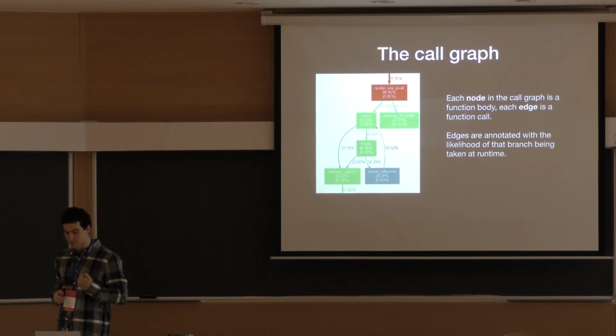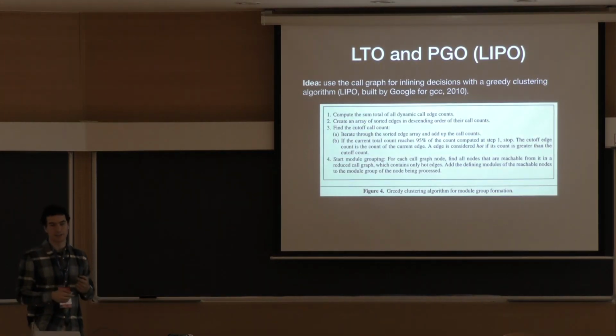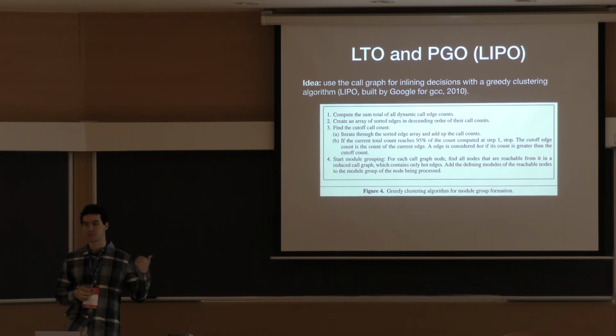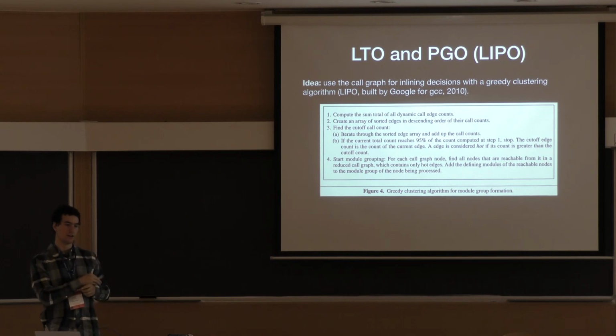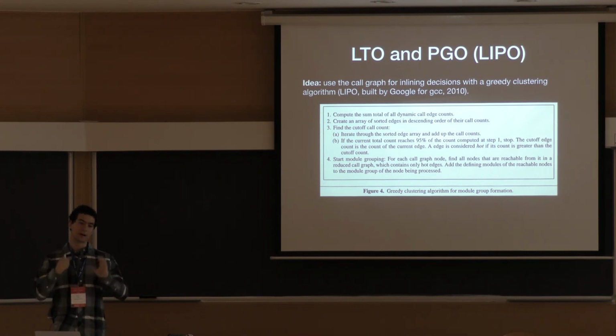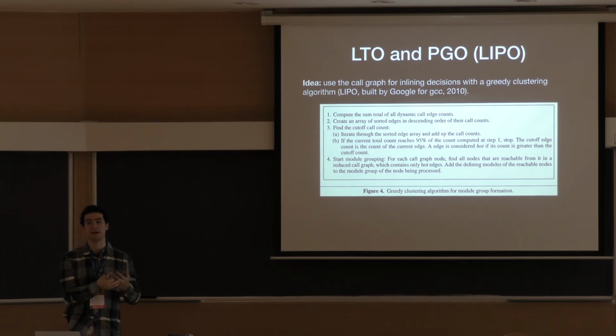And the insight behind LIPO is that instead of doing LTO in the way that I just explained, you can actually just not save the intermediate representation at all, just run the program through the profiler, get the profile data, look at the call graph, figure out which functions have hot edges, and then reorganize all the modules in your program so that the hot functions stick together in the same module and they're optimized together.